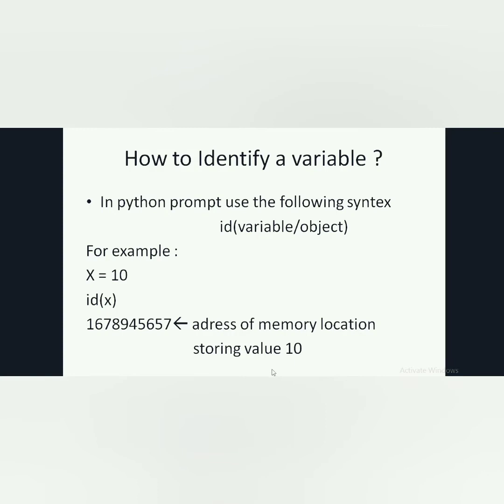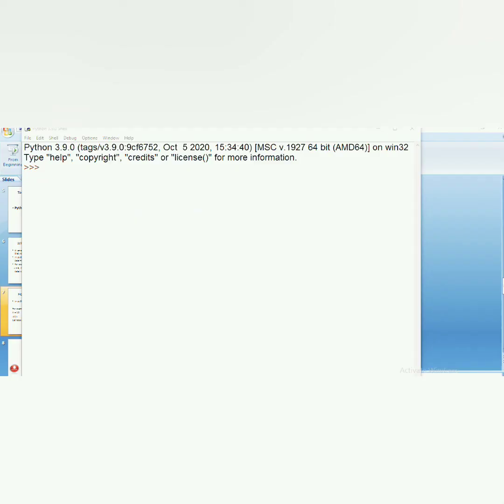Now we should open the command prompt. Now this is our prompt of Python here. So I will consider a variable x is equal to 10. Now we should use the function id, and within the parentheses we should use x.